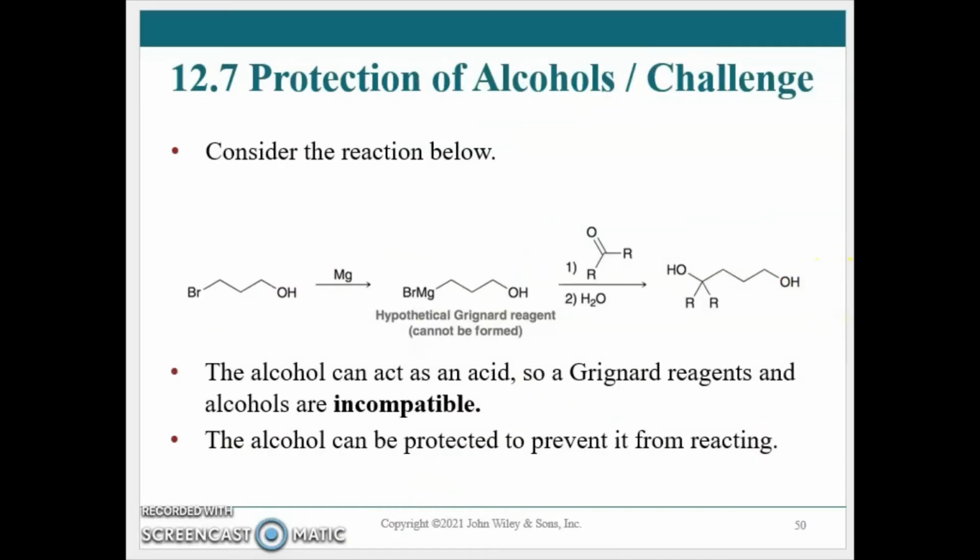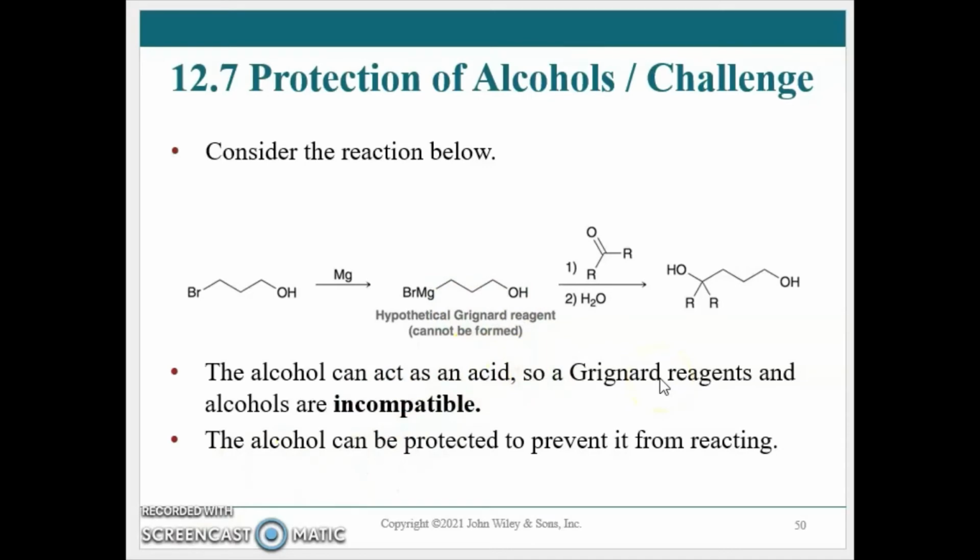So I mentioned that acidic protons are not going to be compatible with the Grignard reagent. So in this hypothetical, we have 3-bromopropan-1-ol reacting with magnesium. This is hypothetical. It can't actually be formed. We would not make this reagent because the alcohol can act as an acid.